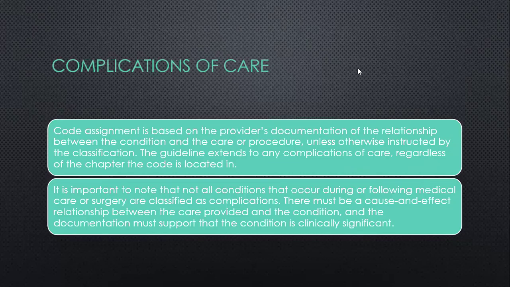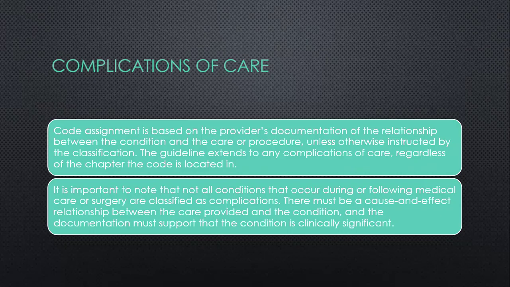Complications of care. Code assignment is based on the provider's documentation of the relationship between the condition and the care or procedure, unless otherwise instructed by the classification. The guideline extends to any complications of care, regardless of the chapter the code is located in.